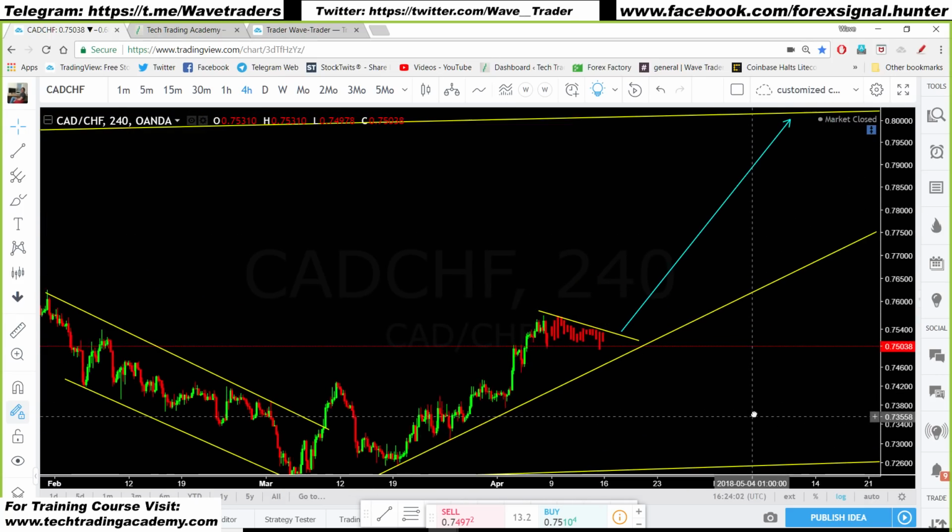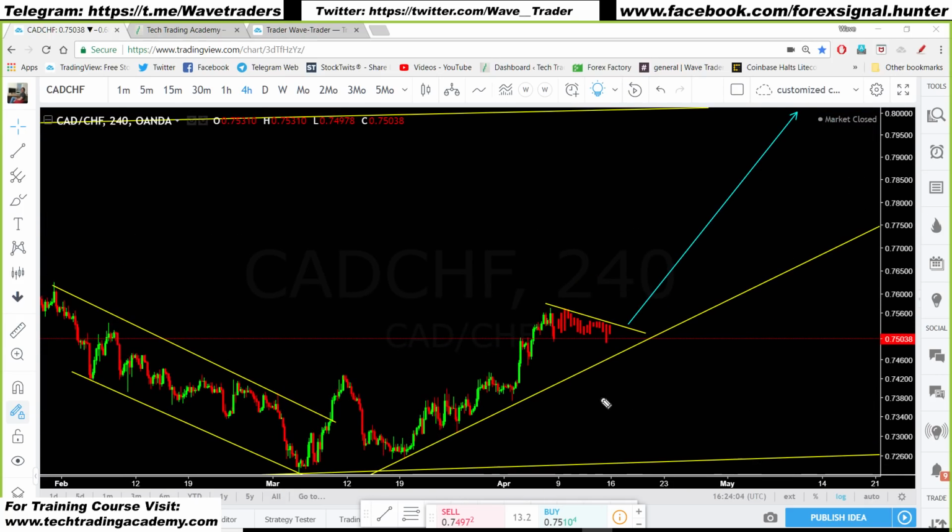So this kind of correction. If you see that kind of correction, look for it to continue to the upside. If you don't see that kind of correction and price is aggressive to the downside, then before getting into the market for the sell, make sure you see that correction before going for that trade.